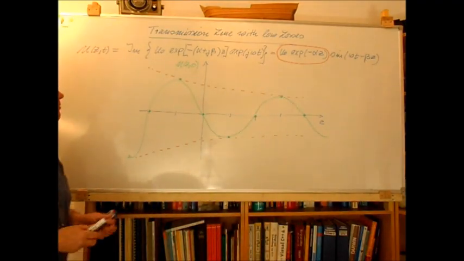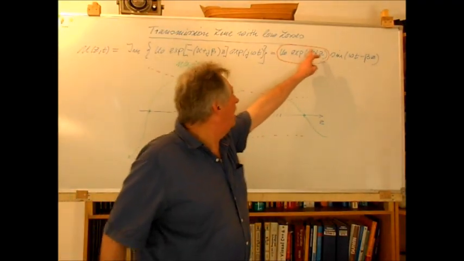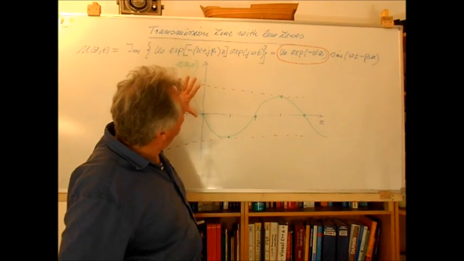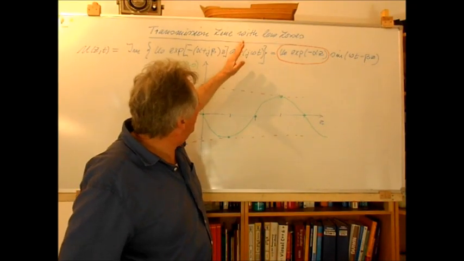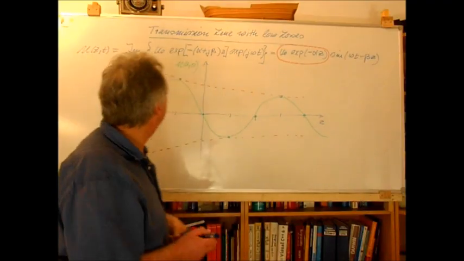This means alpha will result in a decay of the amplitude as the wave propagates along the transmission line.